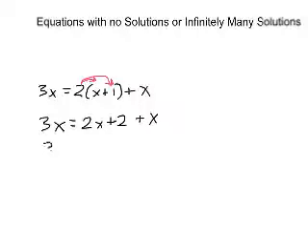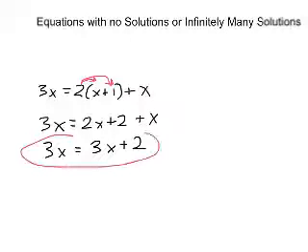Combine like terms, we get 3x equals 3x plus 2. That can't be equal. There's nothing that's going to work in that. No solutions. Can't be equal.